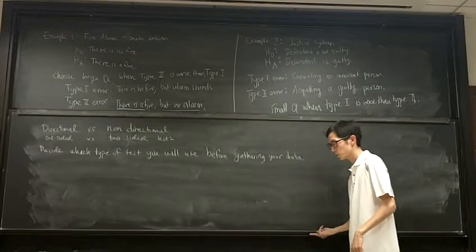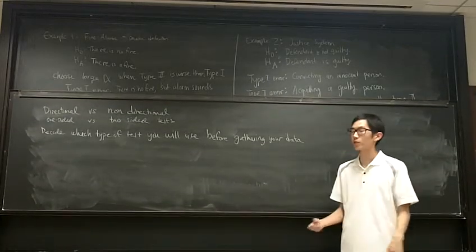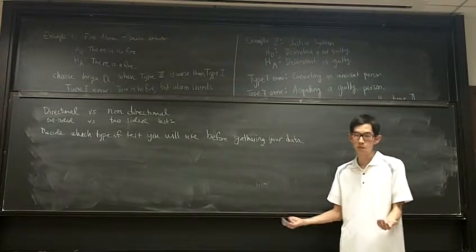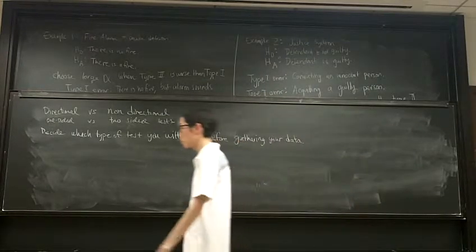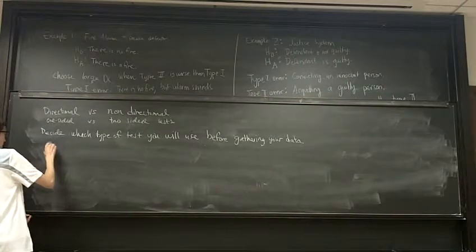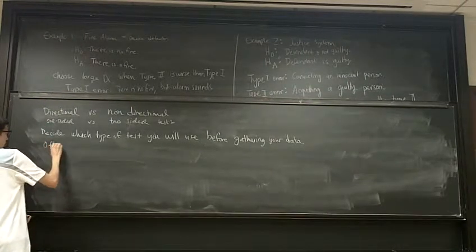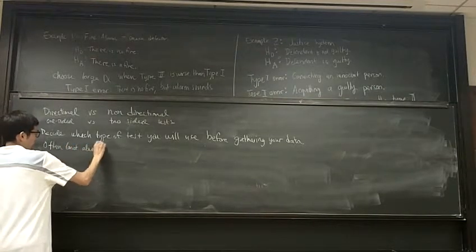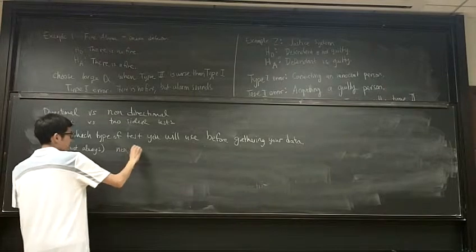But a lot of times the non-directional tests will give you p-values double that of the directional test. So often, not always, non-directional tests or two-sided tests give larger p-values.